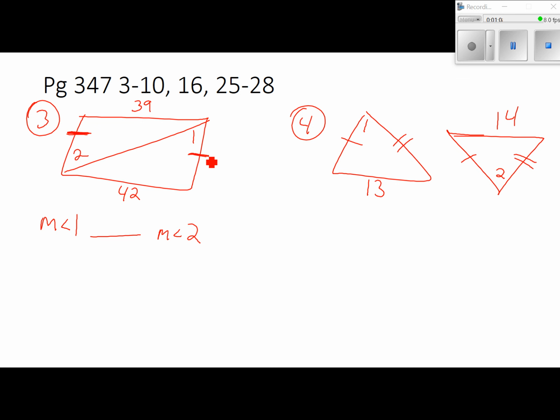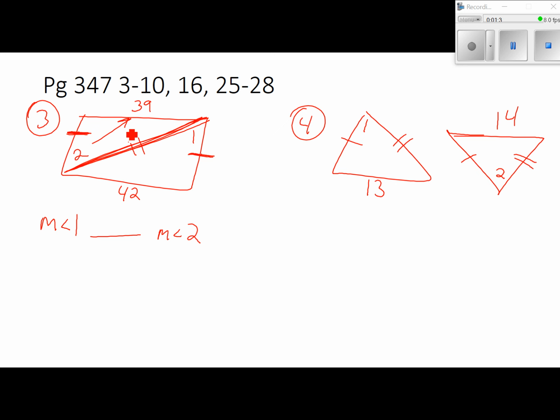Well, the two pairs of sides this time, you got that one and that one, but then this side is also in both triangles, so anything equals itself, the reflexive property, you know that side's congruent to itself in both triangles. So there's our two sides in that triangle, there's our two sides in that triangle, and then we just use them. We're comparing angle 1 to angle 2.